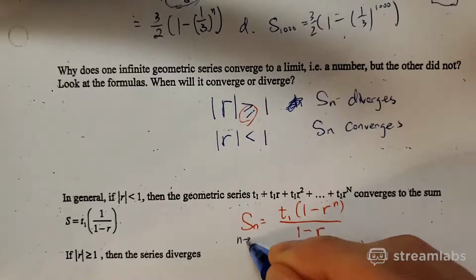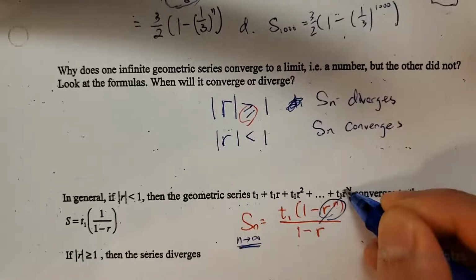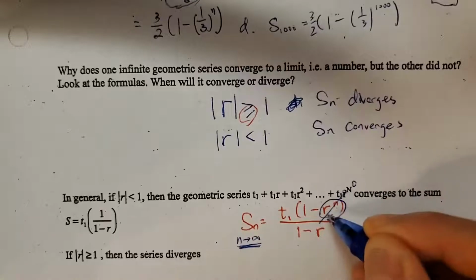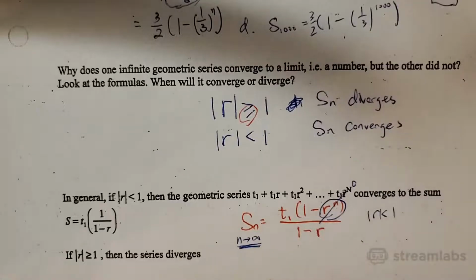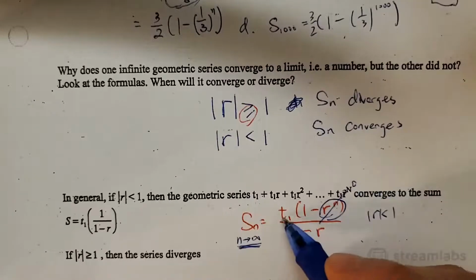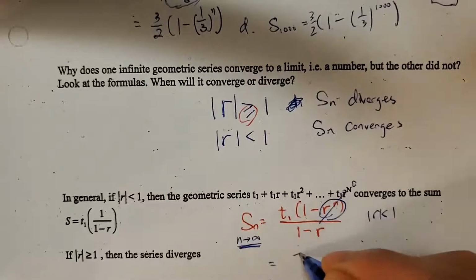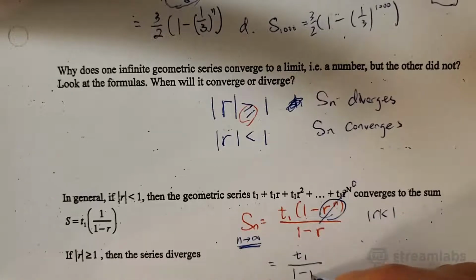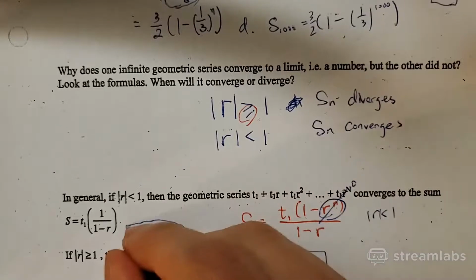When n goes to infinity, this part becomes 0. We talked about how when the absolute value of r is less than 1, this part will approach 0. Then the whole thing ends up being just t1 times 1. So it's t1 over 1 minus r. That's how they come up with this.